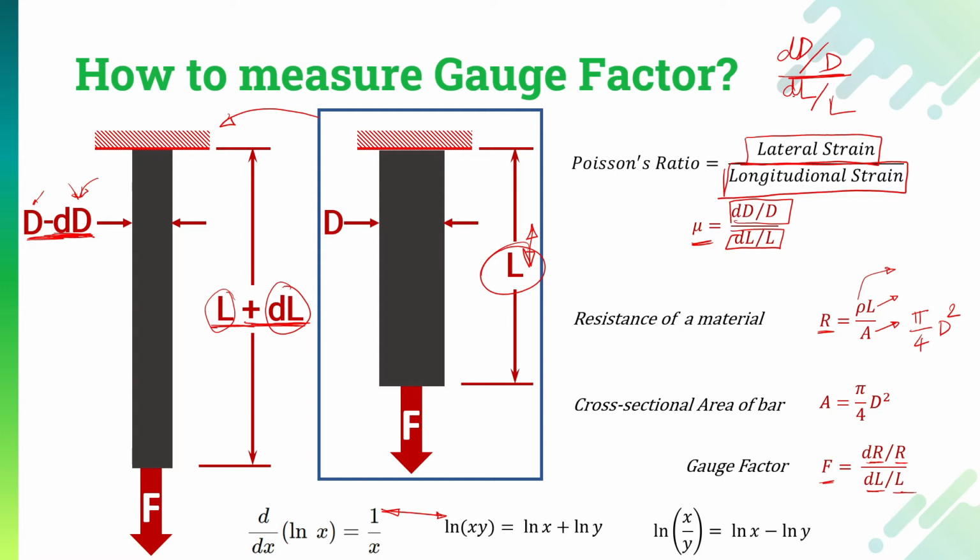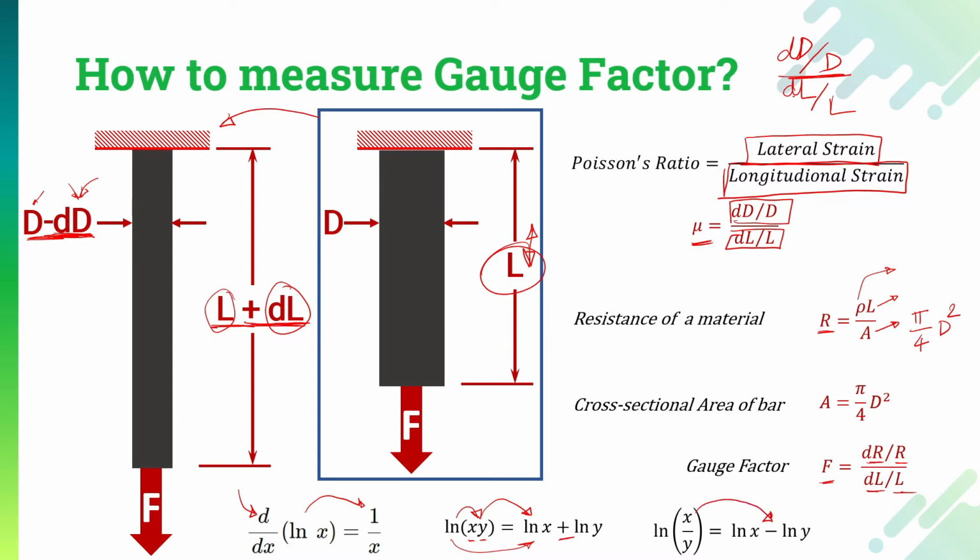Lastly, these are some of the equations that we are going to need. There are some conversions. When we talk about the differentiation of log base e, the output will be 1 upon x. When we talk about the log of a multiplication, you need to remember that the multiplication will be converted into addition when we want to separate these values, and the division will be converted into subtraction.